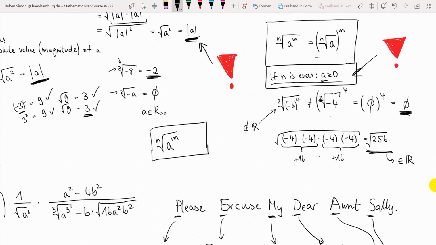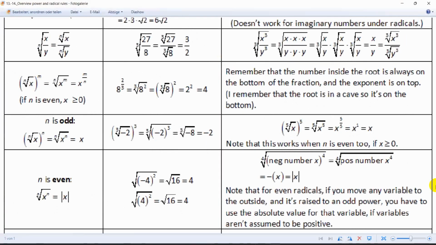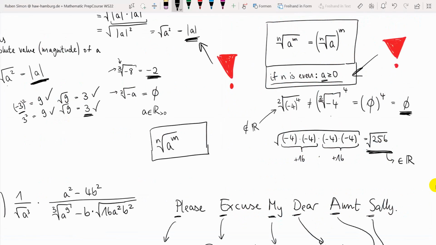But this can also be written as, or maybe I'll just put it in the box up there. Just a second. No, it's not a new rule actually. So we put it in. No, come on. No.